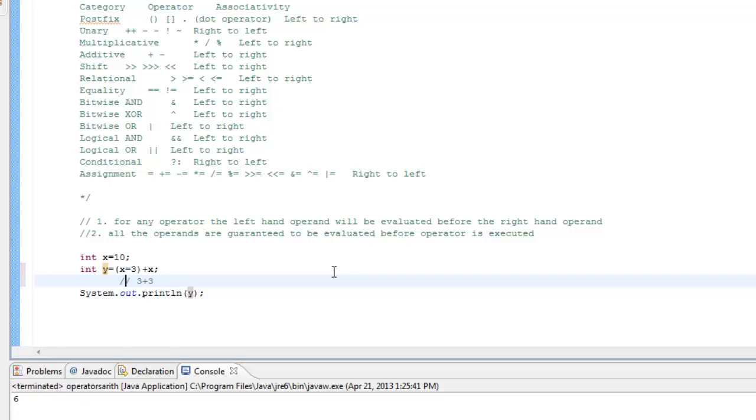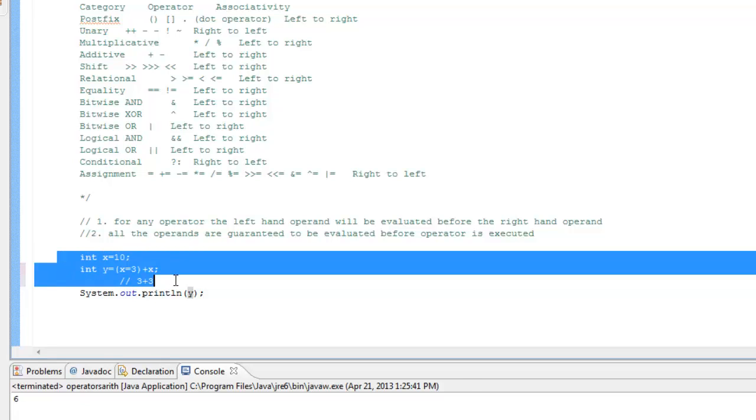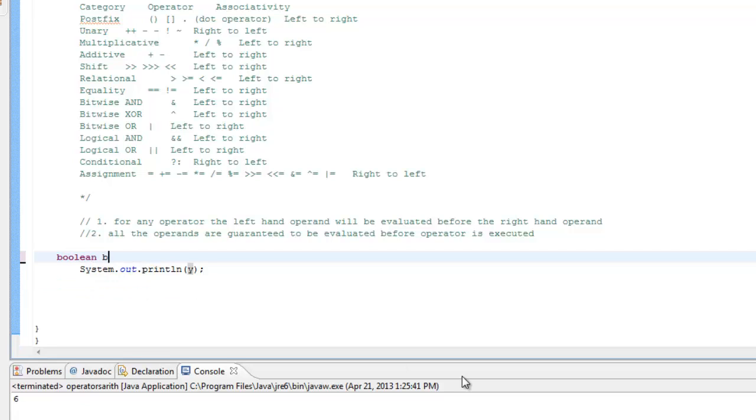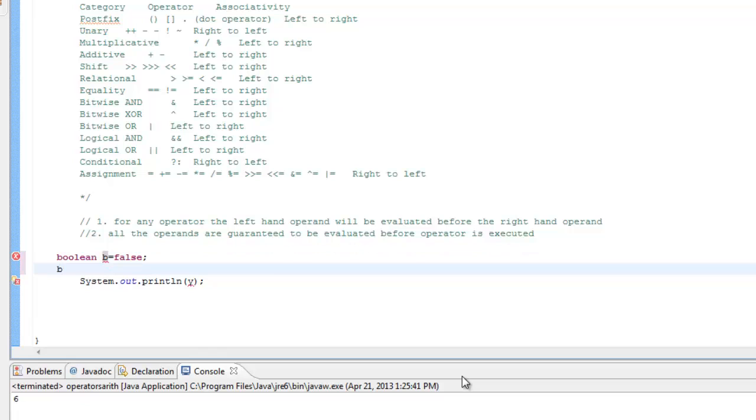So another example we can take to have a more clear understanding of this is that if I say boolean b is equal to initially false, and let's have int x is equal to 5.